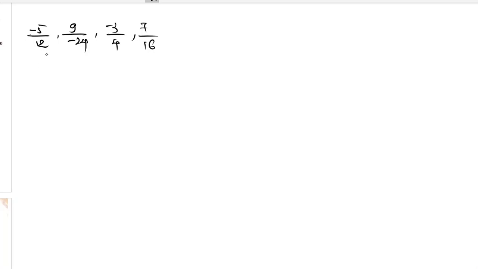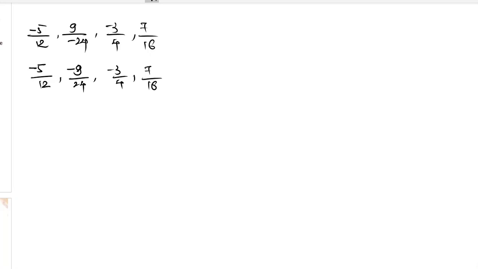So let's write it in ascending order. First, for writing them in ascending order, we will write them in such a way that the negative sign, if there is any negative sign, should be written in the numerator. So they can be written as minus 5 by 12, minus 9 by 24, minus 3 by 4 and 7 by 16. So that's the first step. I brought the negative sign in the numerator.